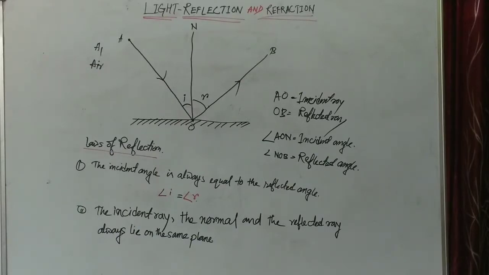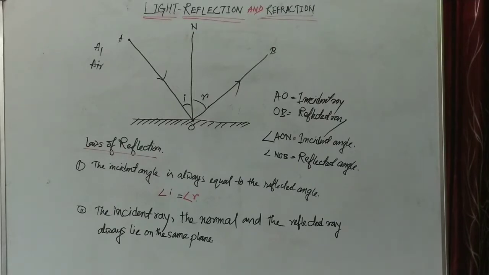Again, the second law is that the incident ray, the normal, and the reflected ray always lie on the same plane. As I told you in the earlier diagram, if I consider a single point on that polished surface, the beam AO is incident on that point, and from that point the ray OB is reflected.